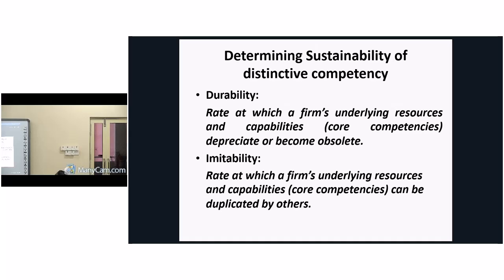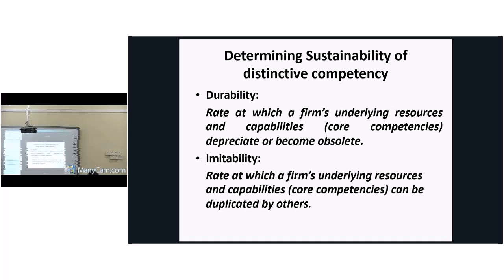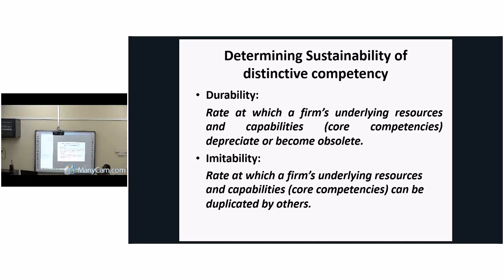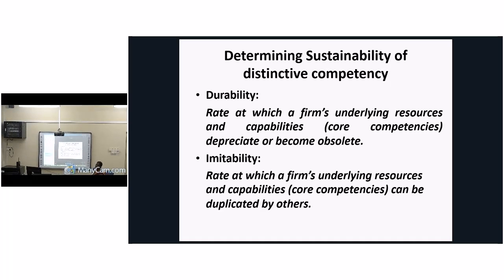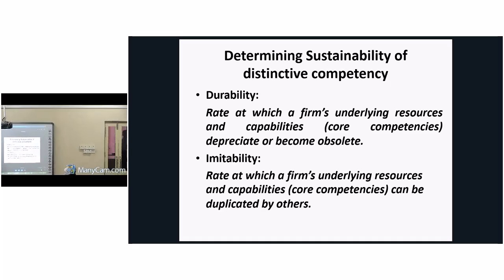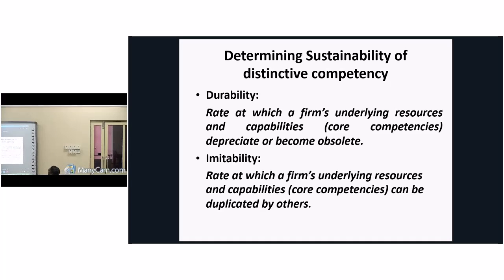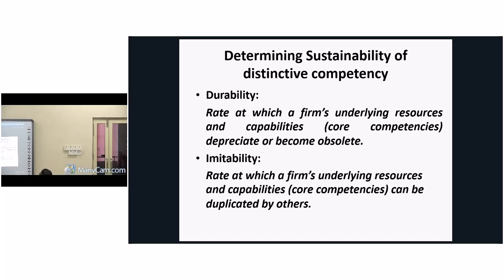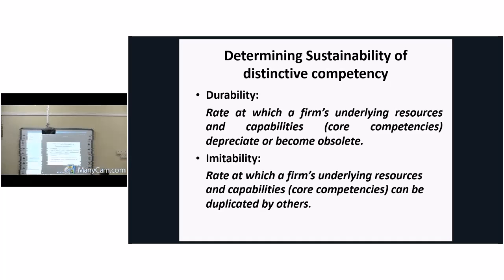So look, durability. If a particular competency is durable, we say it has sustainability. Generally, for example regarding a physical product, if something is durable, we say it is sustainable. Durability is the rate at which a firm's underlying resources and capabilities depreciate or become obsolete.